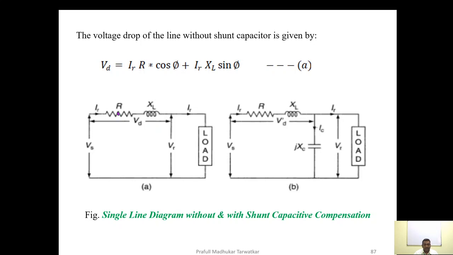Now see, the resistance of the network, the reactance of the network, and the load itself are carrying the same amount of current, that is IR. The voltage drops are given here. Now the total voltage supplied is definitely the addition of VD plus VR. So they are represented the same here.